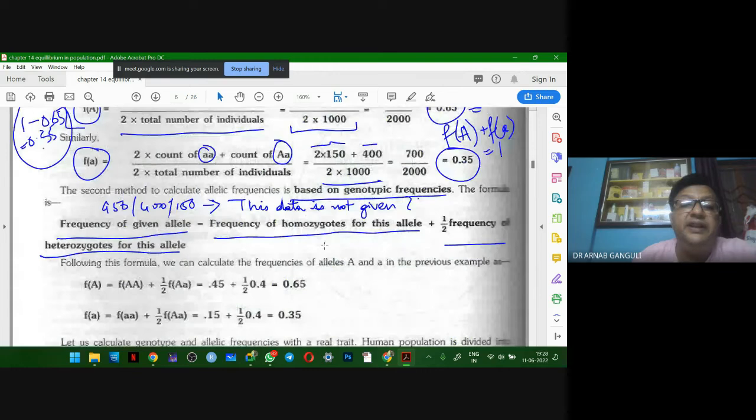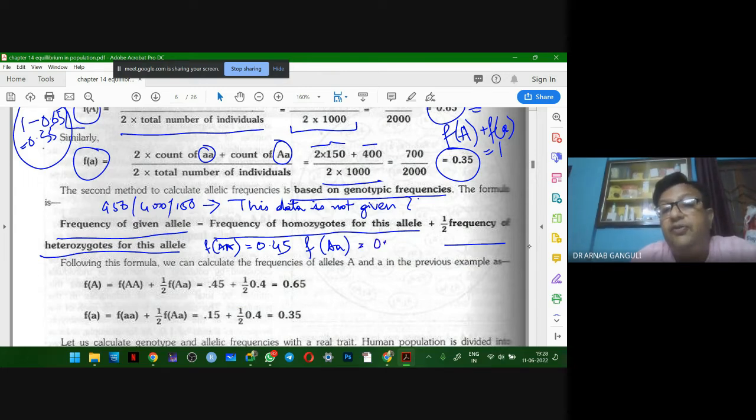Frequency of AA equals 0.45, frequency of A small a equals 0.40, and frequency of small a small a equals 0.15.